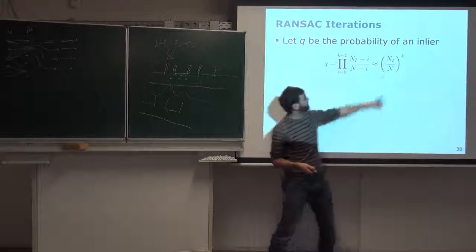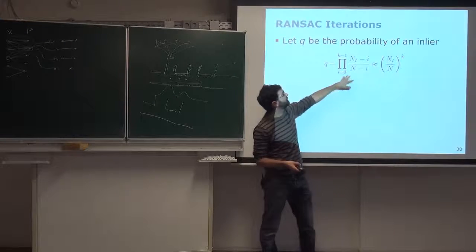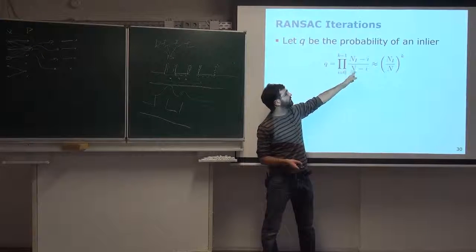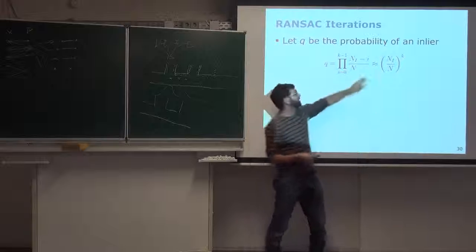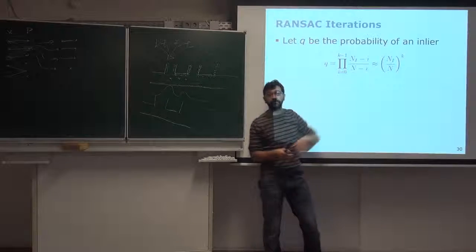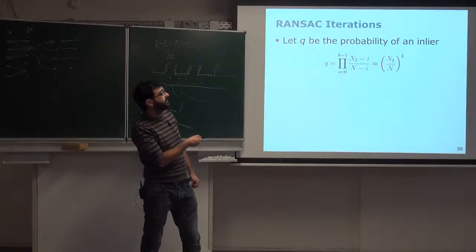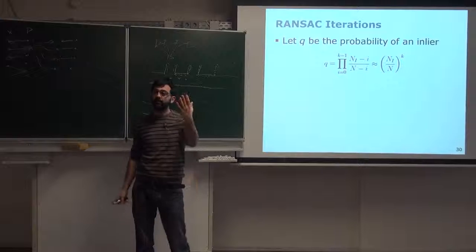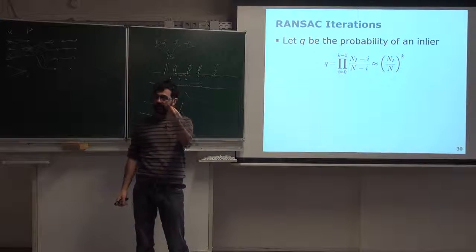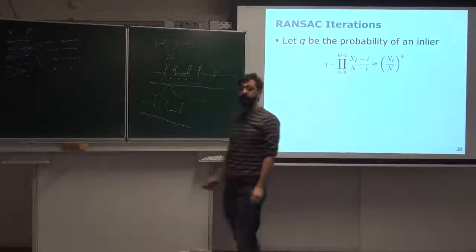In this way, we just take the ratio, so the I, we just don't consider it. If n is very large here, I is close to 0, so I have a very small sample set. This has not much influence in here, and then we can just approximate it as the ratio between the number of inliers divided by the number of total points, so the probability of an inlier, to the power of the minimal solution set.